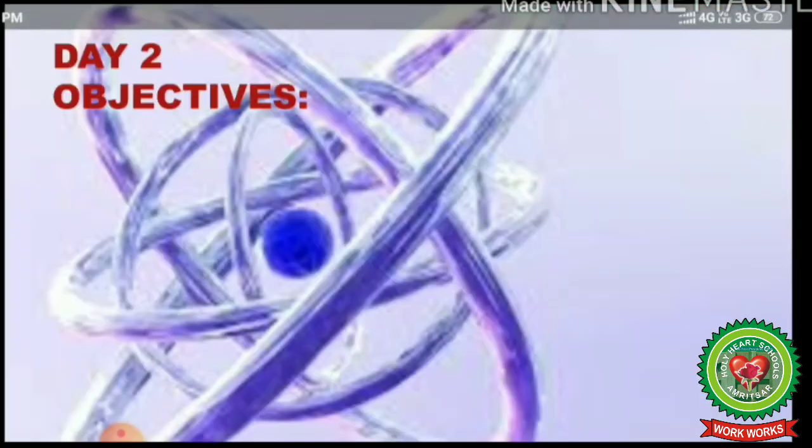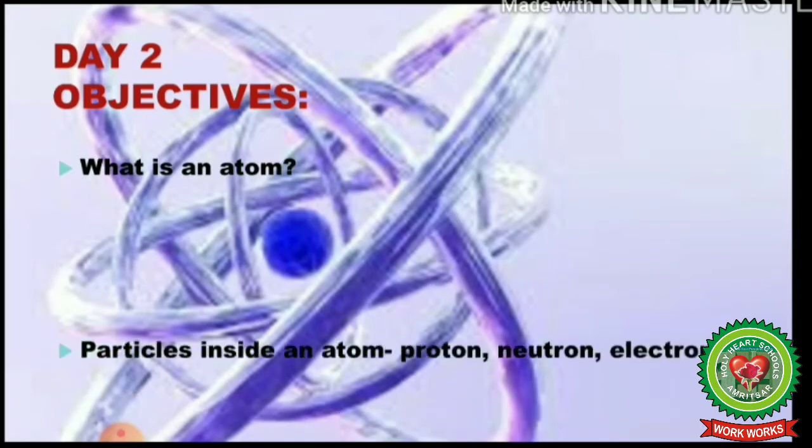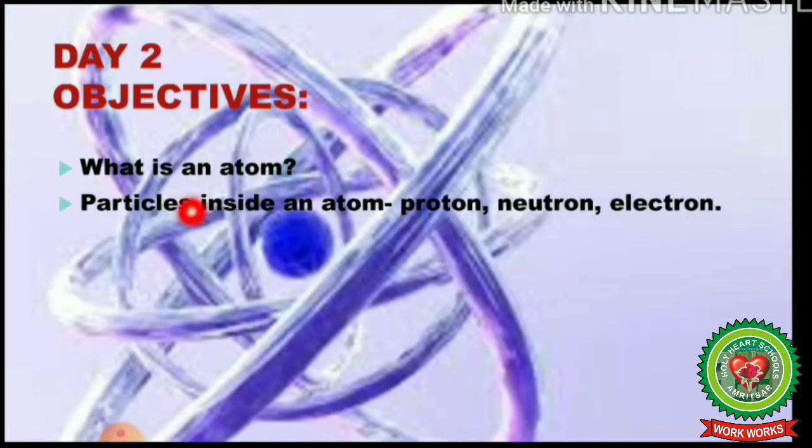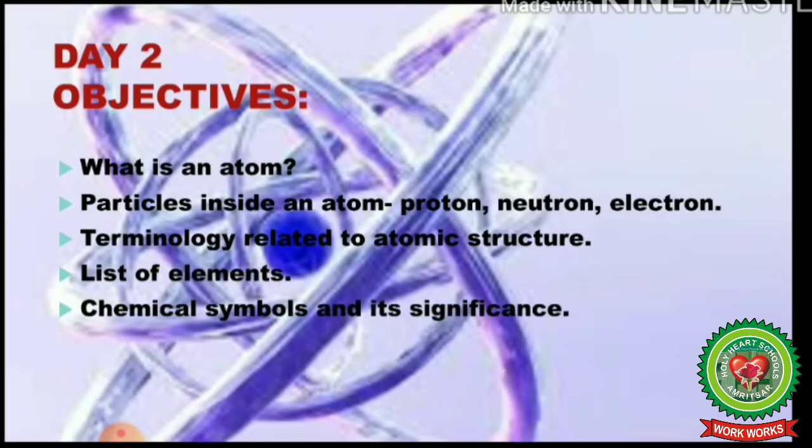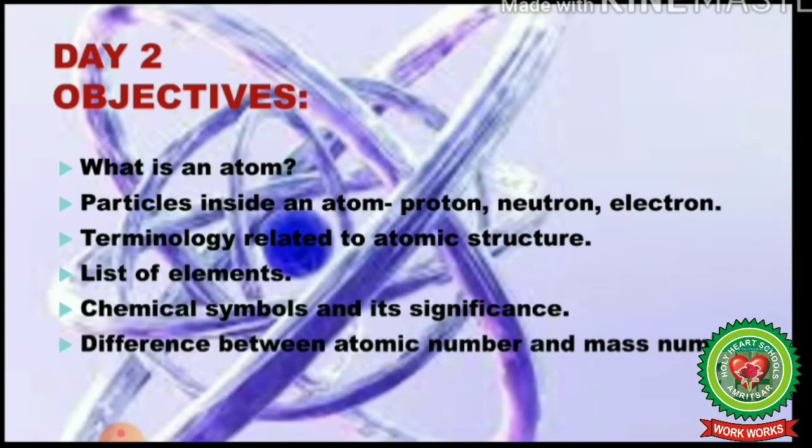Today we will discuss what is an atom, particles inside an atom like proton, neutron, electron, terminology related to atomic structure, list of elements, chemical symbols and its significance, difference between atomic number and mass number.